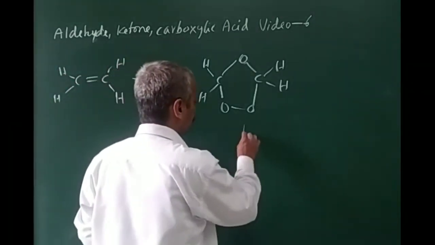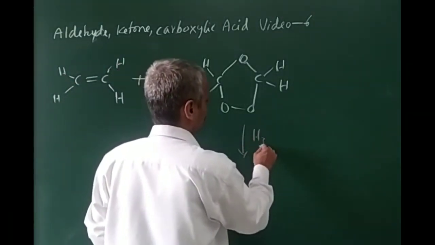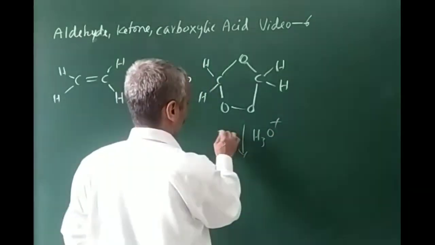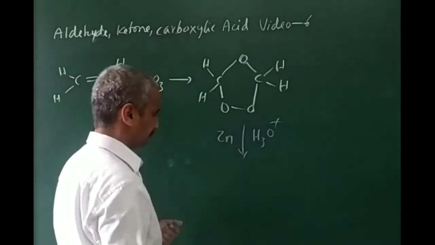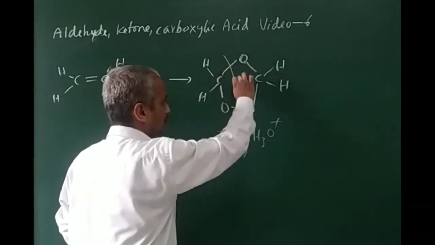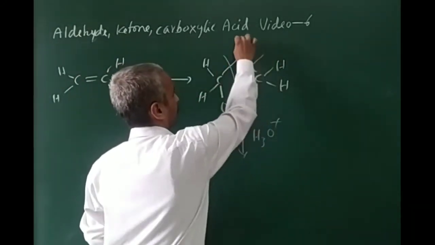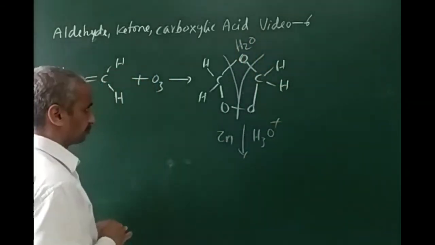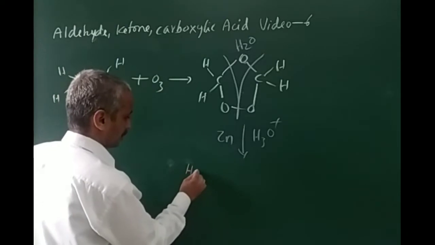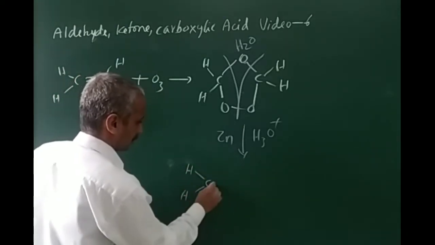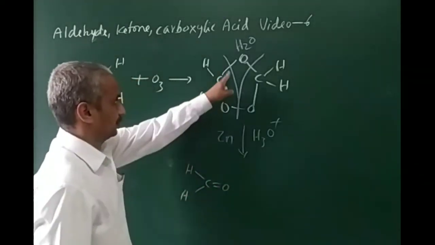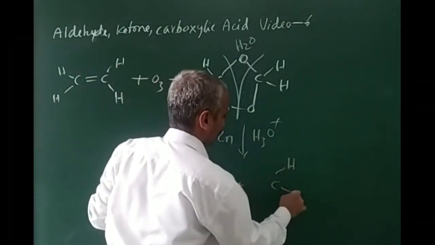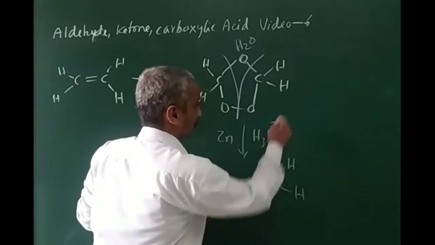Now you treat with H3O+, means acid hydrolysis with water and H+, in presence of zinc. This bond breaks. So I am going to get HCH=O, this part, plus CH2=O, this part.